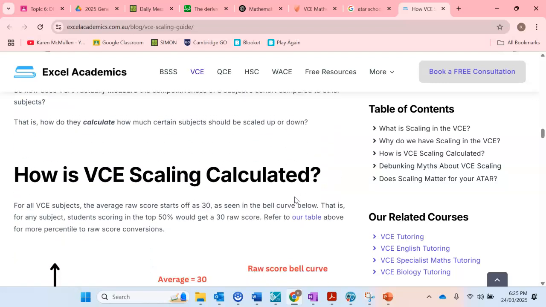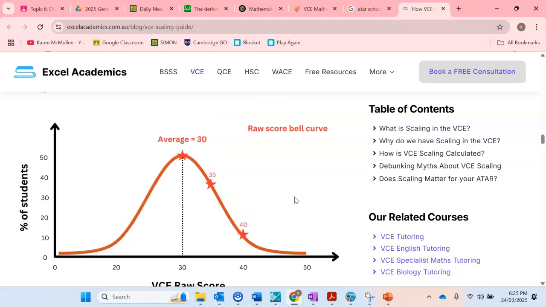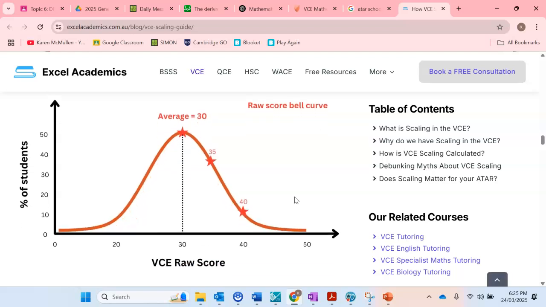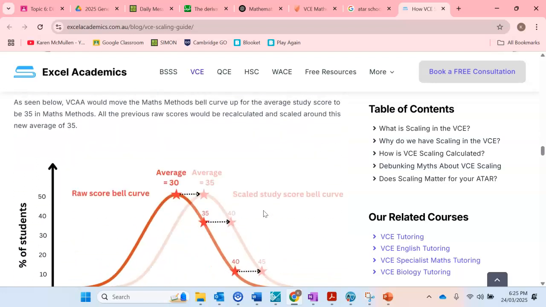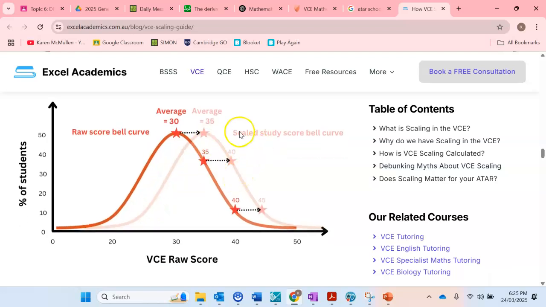So looking at it in terms of a bell-shaped curve, if that's your raw score, and then we're just looking at the score of 35 and 40, basically that bell-shaped curve moves along. It doesn't matter what subject this is. So let's say you got a 30, it goes up to 35, 35 to 40, 40 to 45.